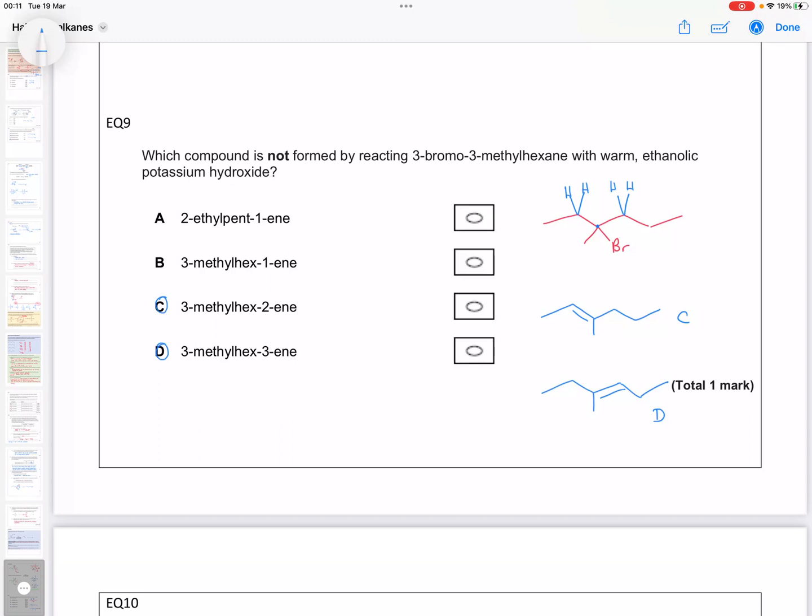So do we have any other options? So let's have a think. We could actually have a hydrogen on here as well. And when that goes, that's going to make this compound.